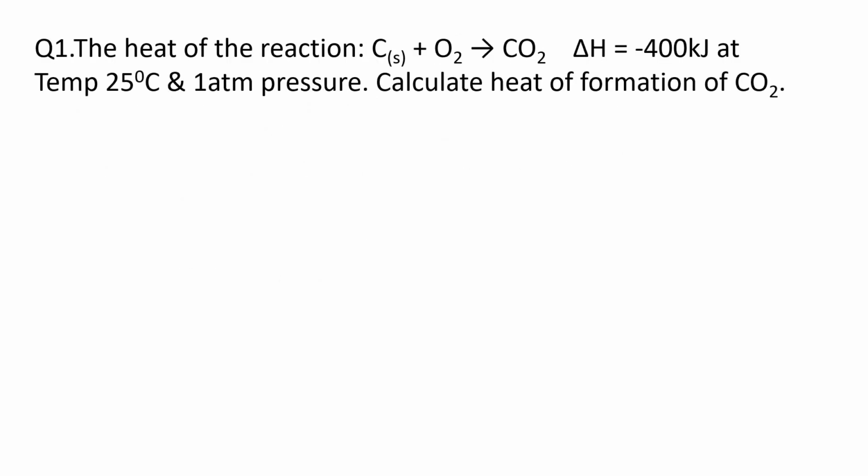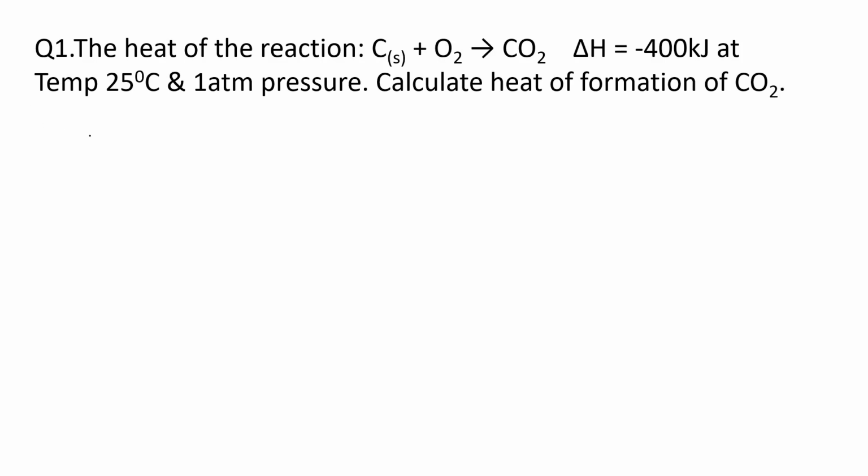Now, coming to this problem: the heat of the reaction, carbon plus oxygen gives carbon dioxide, is minus 400 kilojoule at 25 degrees centigrade and 1 atmosphere pressure, that is the standard state. Calculate the heat of formation of carbon dioxide.